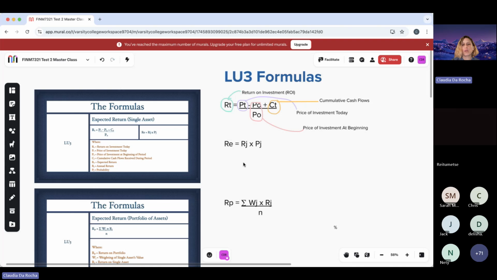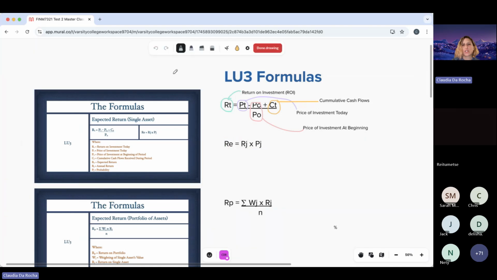Okay, with the second formula for your expected return, we have our RE, which is the expected return.